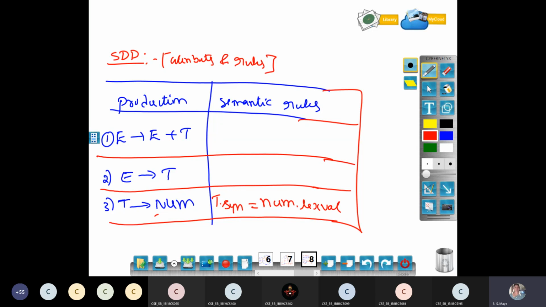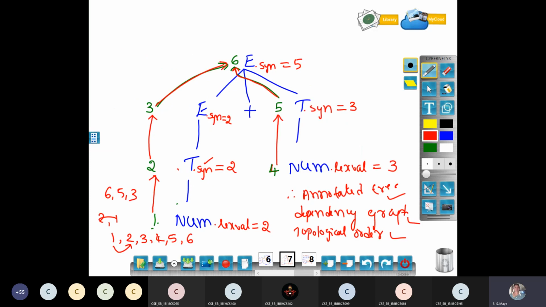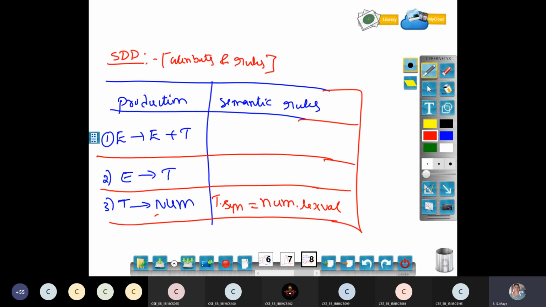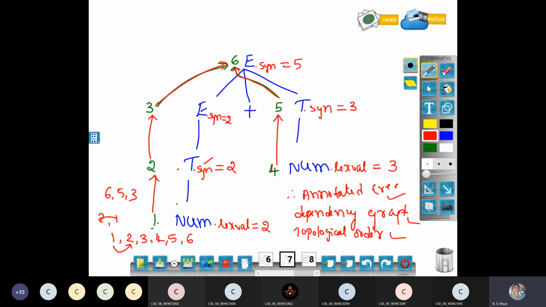Anybody, any doubt from these lines? Clear? You can check the diagram. Okay, next rule. E derives T. How to write for this rule? You can go back to your diagram, check out.